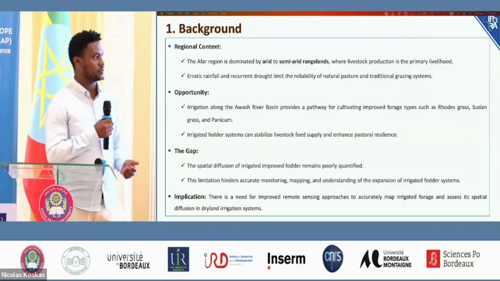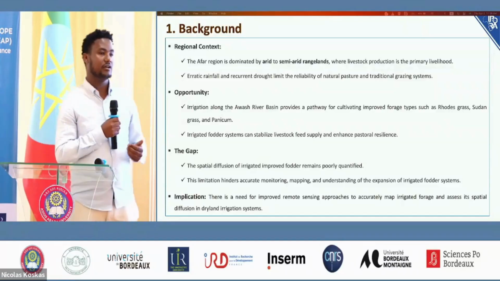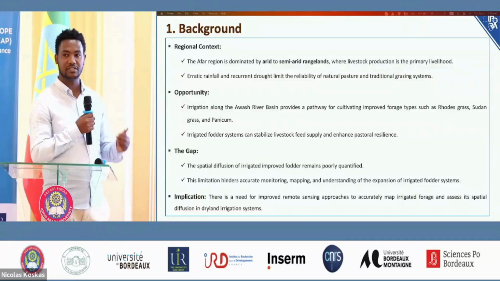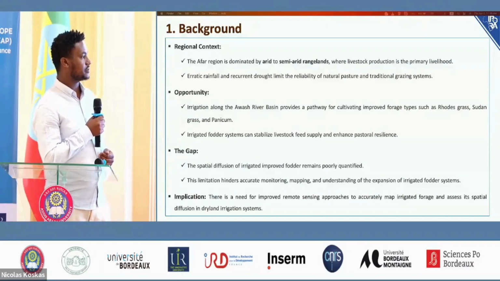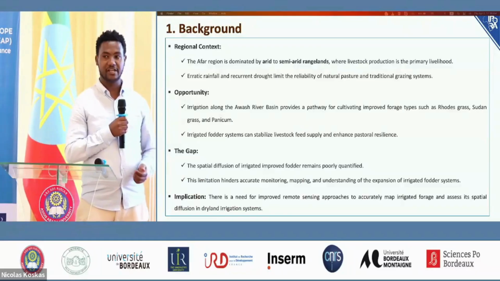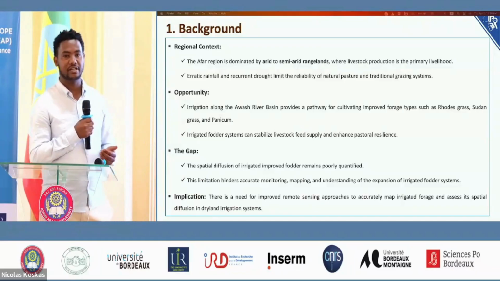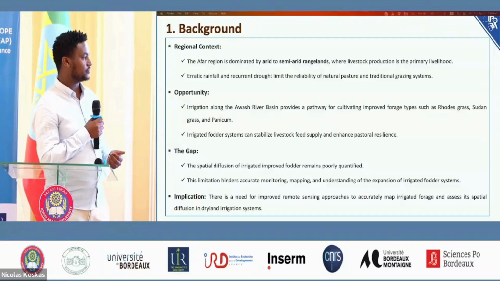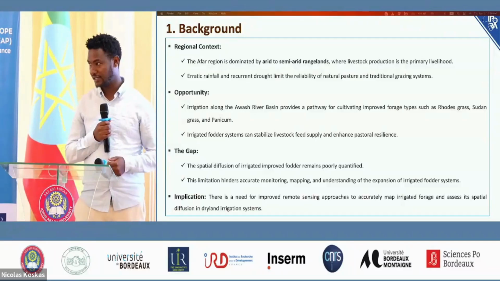For this, we need to use Earth observation or satellite imagery and machine learning algorithms to detect the diffusion and adoption of this fodder extent, in order to monitor and assess the impact of fodder distribution in the areas.